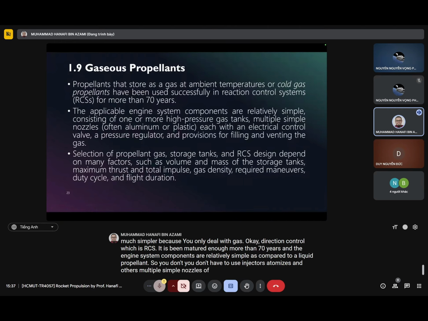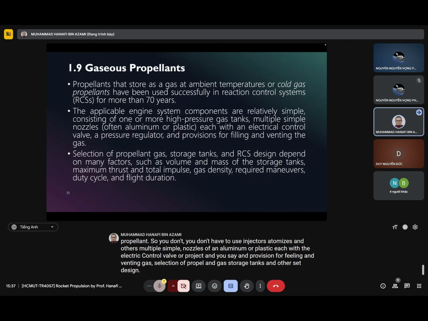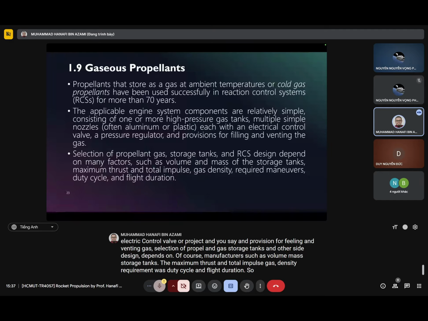It uses multiple simple nozzles, often aluminum or plastic, each with an electric control valve or pressure transducer and provision for filling and venting. Selection of propellant gas, storage tanks, and RCS design depends on many factors such as volume, mass, storage tanks, maximum thrust and total impulse, gas density, required maneuvers, duty cycle, and flight duration.